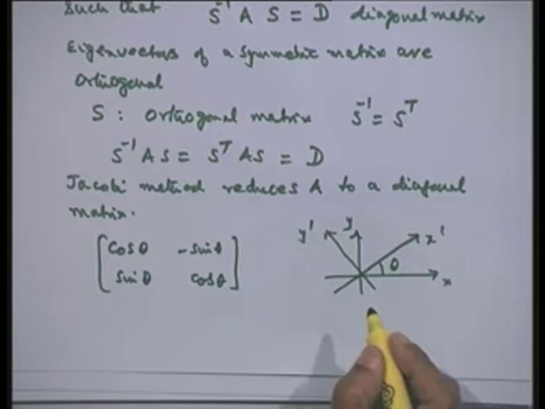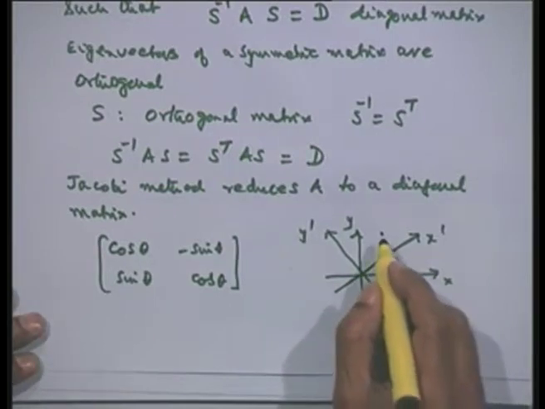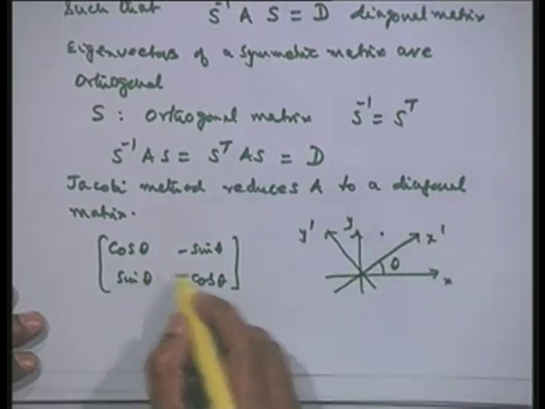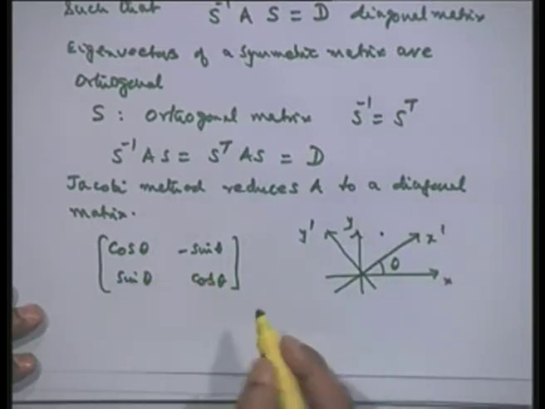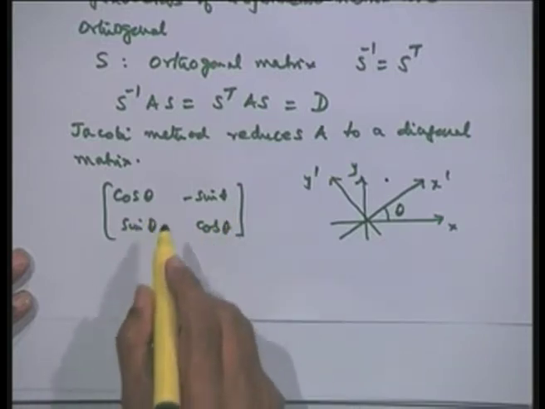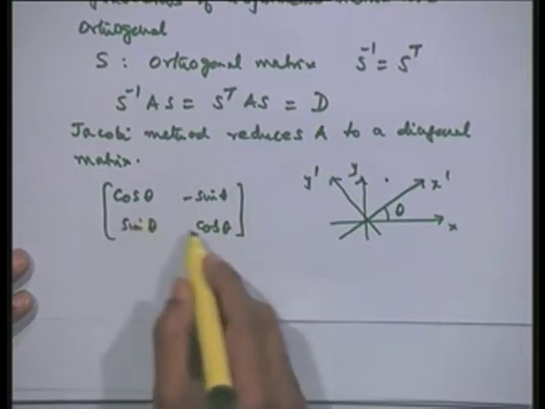Therefore, if you now take any point in the xy plane, then I can connect the coordinates of this point with respect to these two systems through this matrix, which is our rotation matrix. You can see that this matrix is an orthogonal matrix, because I can try to find the inverse of this.